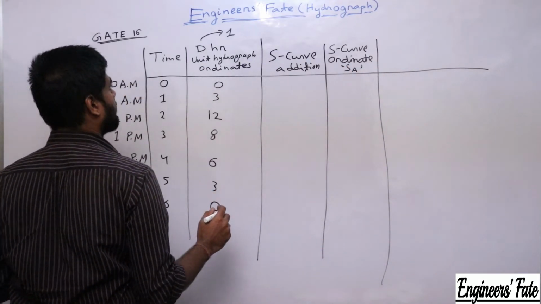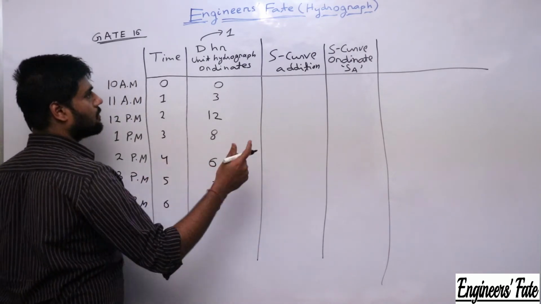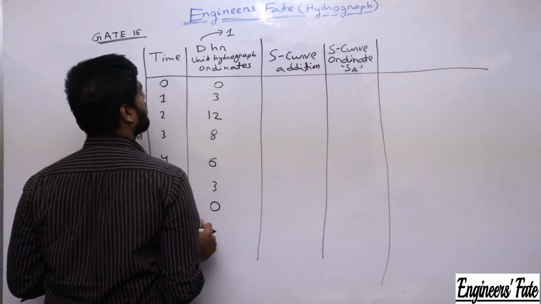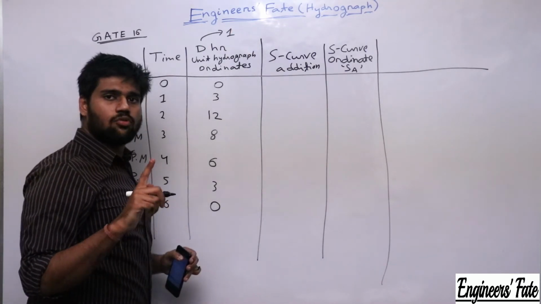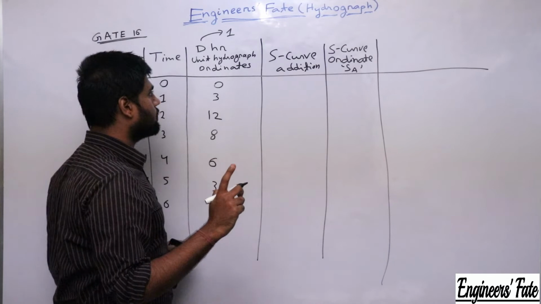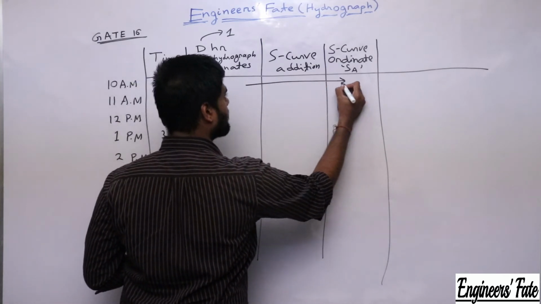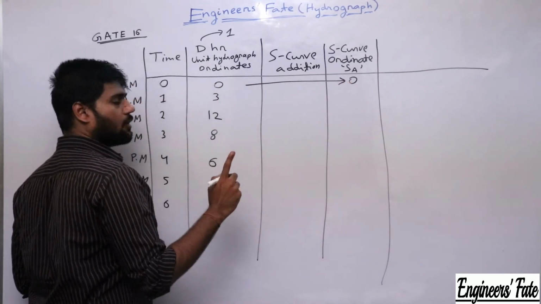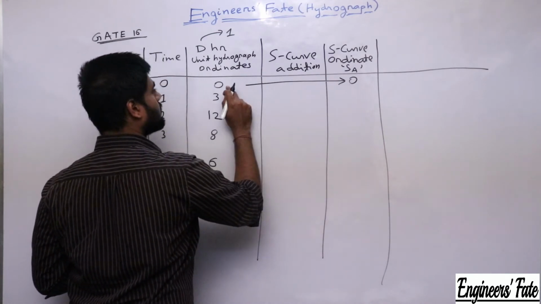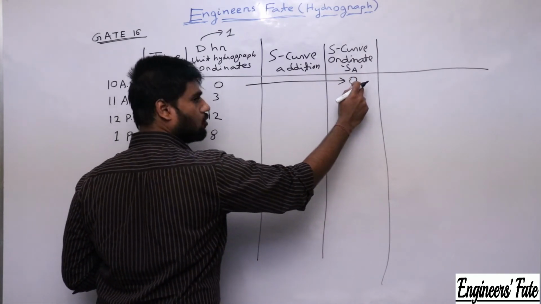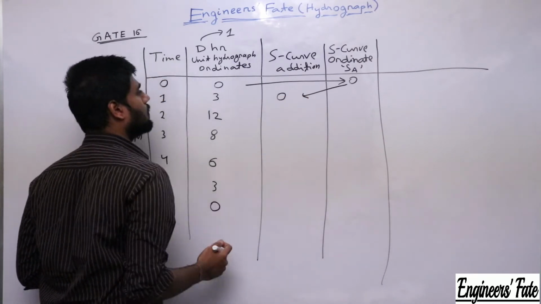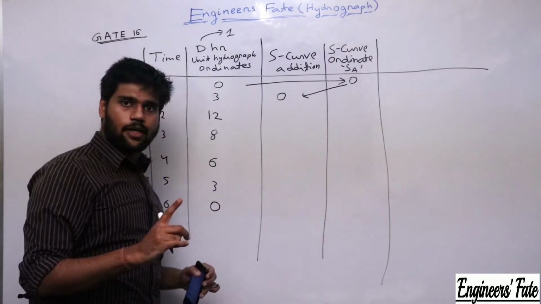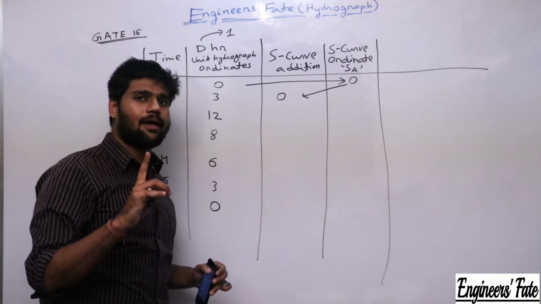So see how to find the ordinates. The 1-hour unit hydrograph is given, which means I have to lag by 1 hour. So just lag by 1 hour. This 0 I can transfer and bring it to 0 here, because the 1-hour unit hydrograph is given, I have to lag by 1 hour.